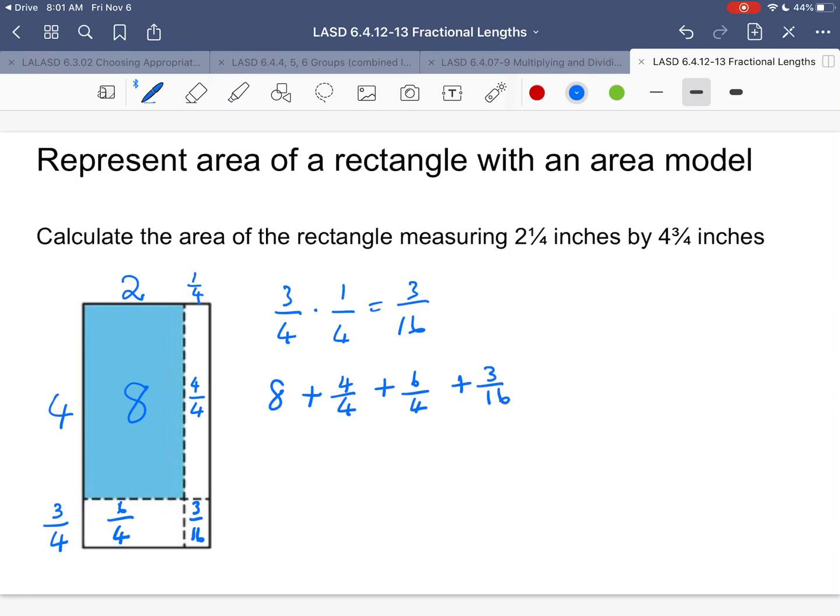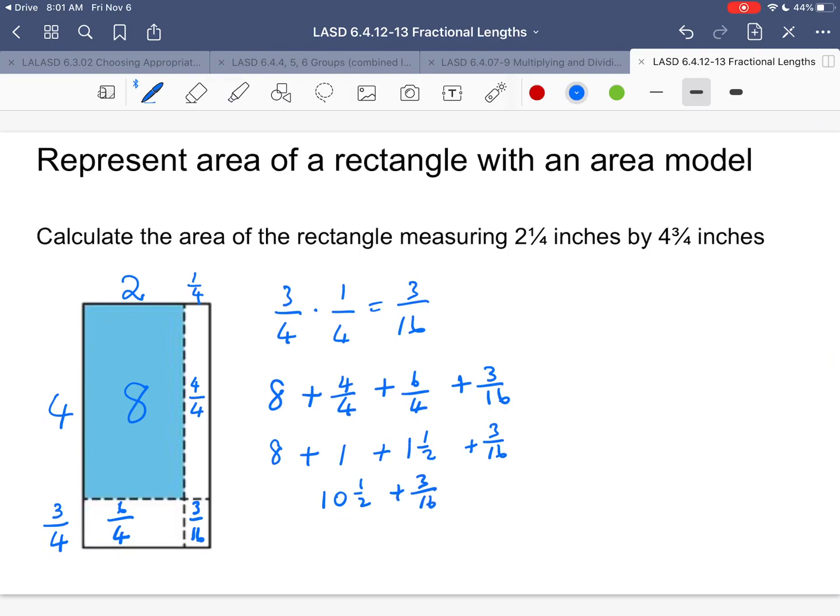So that's 8 plus 4/4 is 1. 6/4 is 1.5, and 3/16. 8, 9, 10.5 plus 3/16.